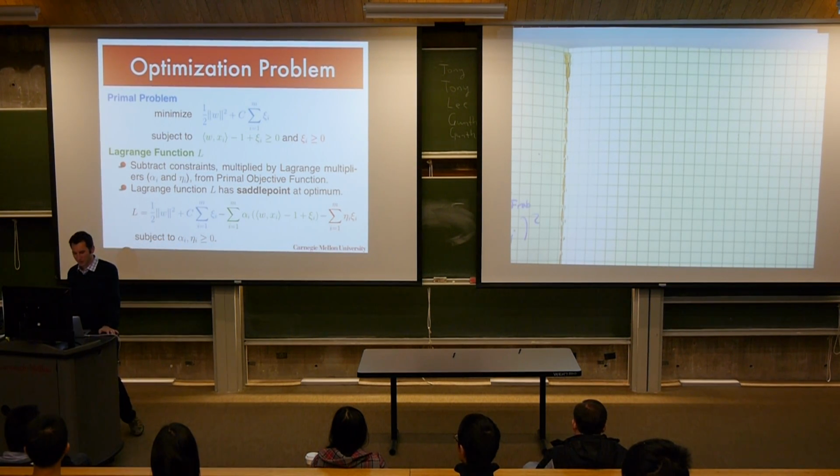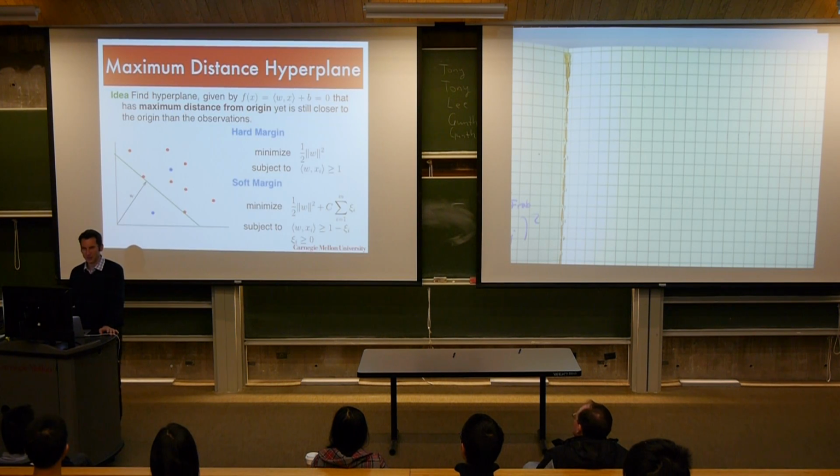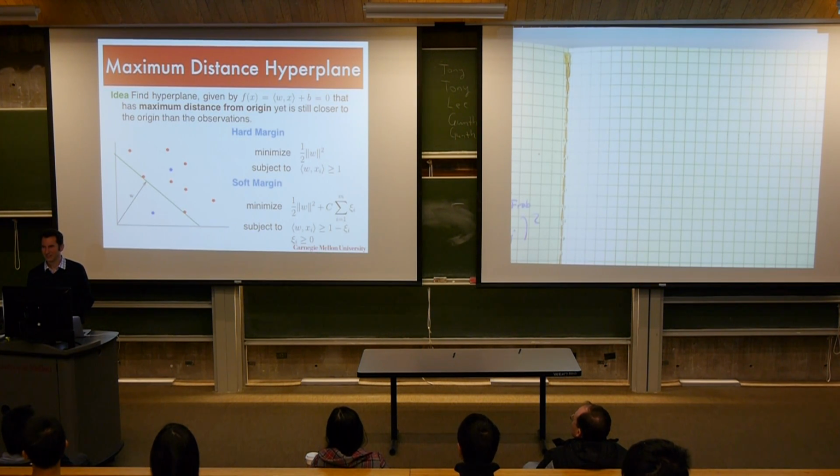So quick question before I move on. Why didn't we need b in that optimization problem? Basically, why didn't we need a constant offset here? It would go wrong if I added a constant offset. Exactly.